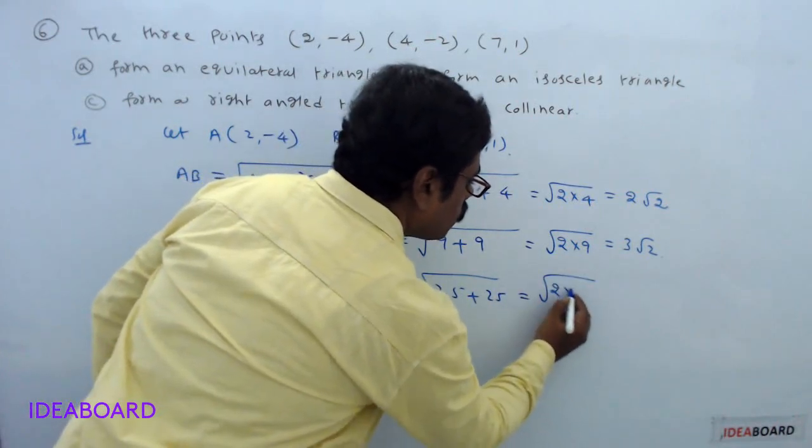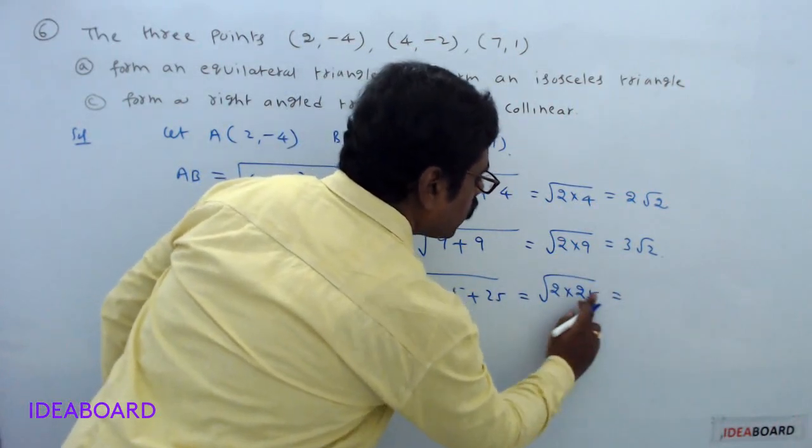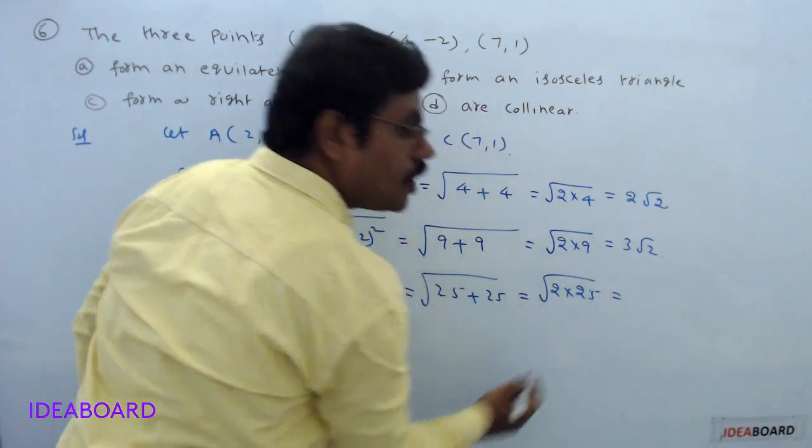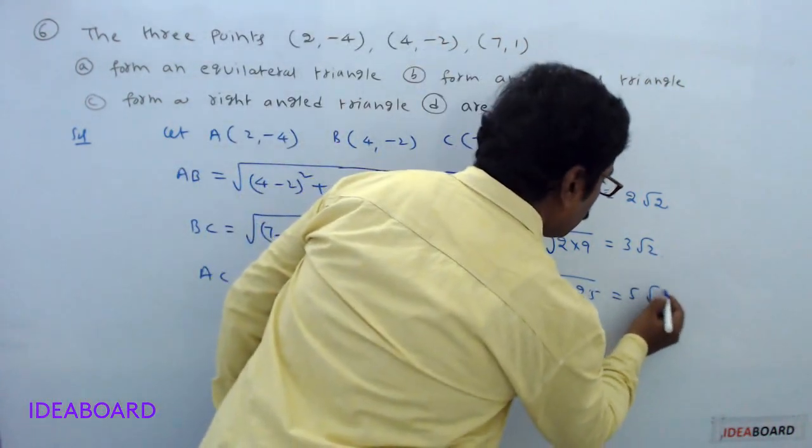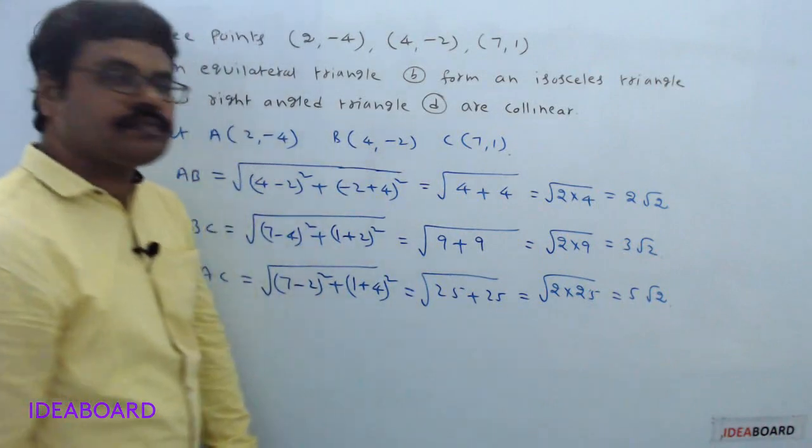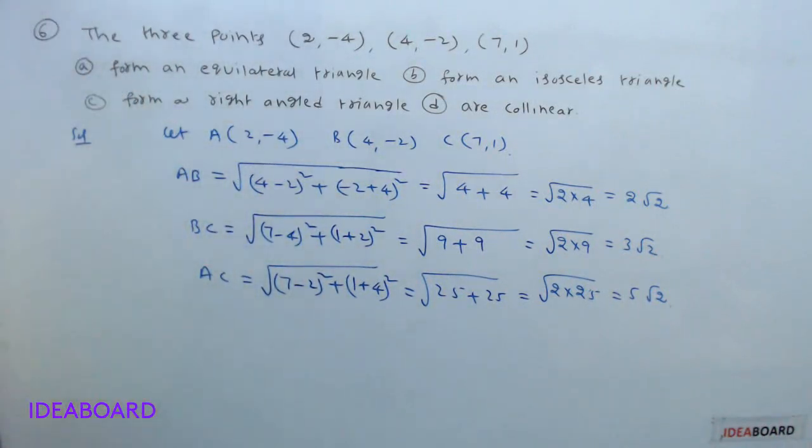So the square root of 2 into 25. Root 25 is 5, so it is 5 root 2. Now observe the relation between AB, BC and AC.